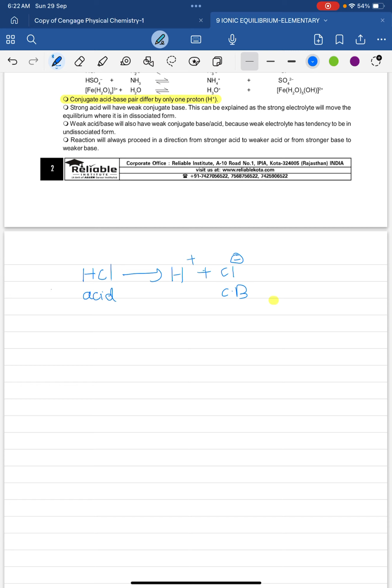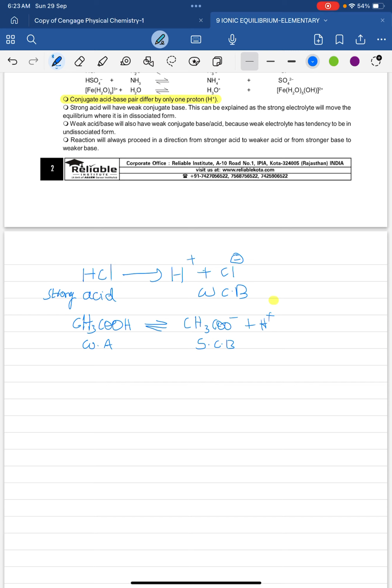If it is a weak acid, the corresponding anion, A minus plus H plus, you can think this is a weak acid, the corresponding one is a strong conjugate base.